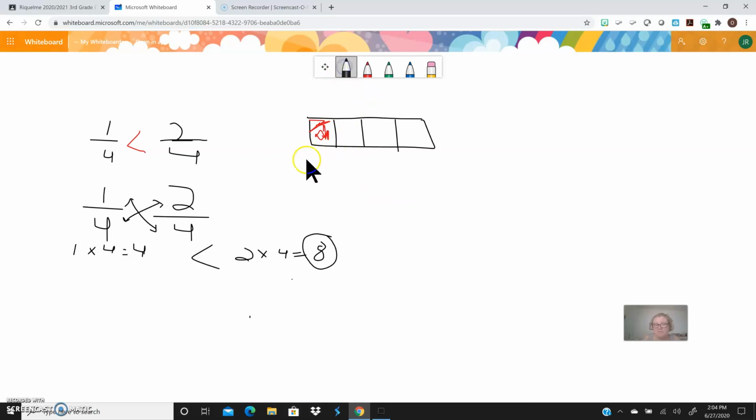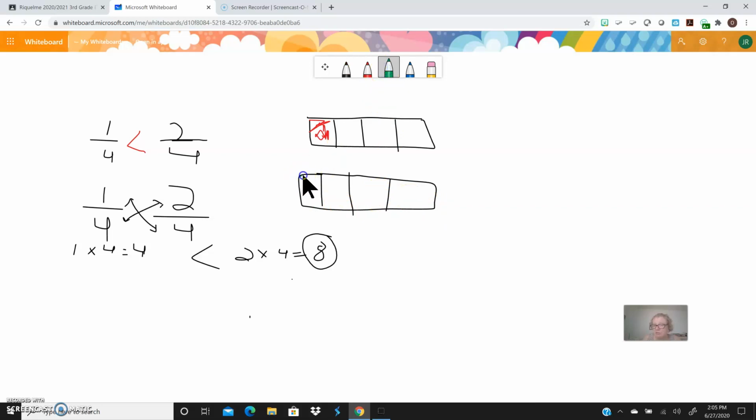Now let's draw 2/4. So I'm going to make my candy bar. Okay, let's break it into 4 pieces. 1, 2, 3, and this would be 4. So this would be 1/4, 2/4, 3/4, 4/4. Let's go ahead and shade in. Let's use green.